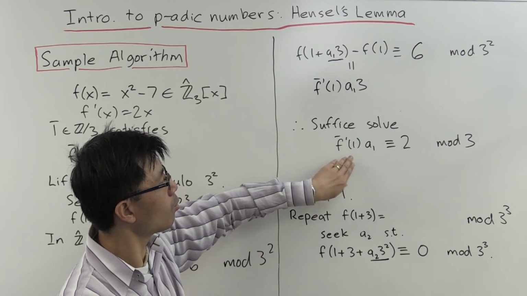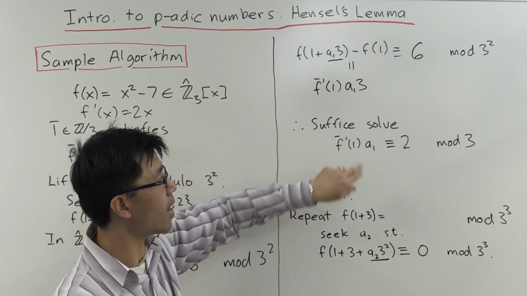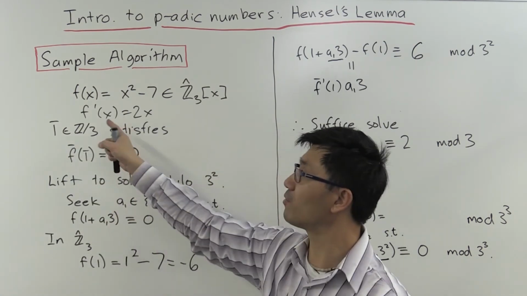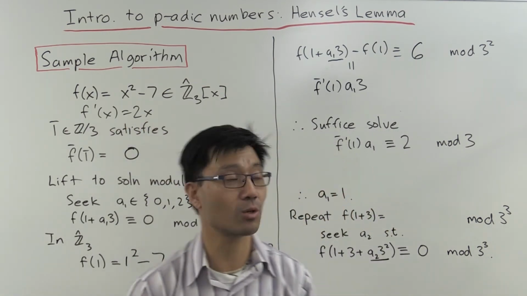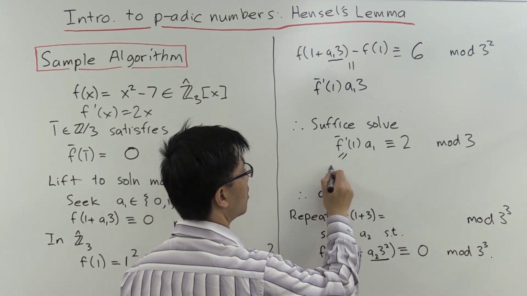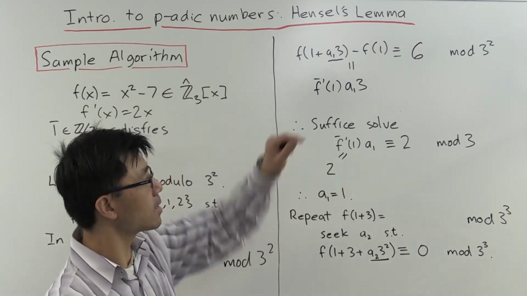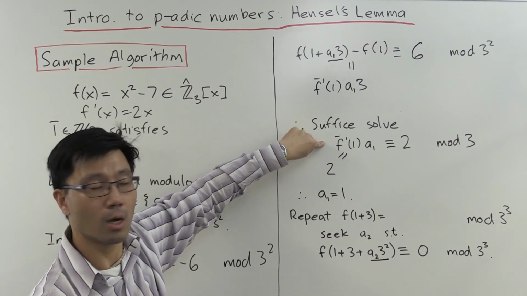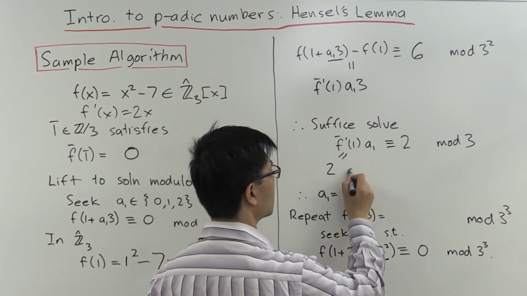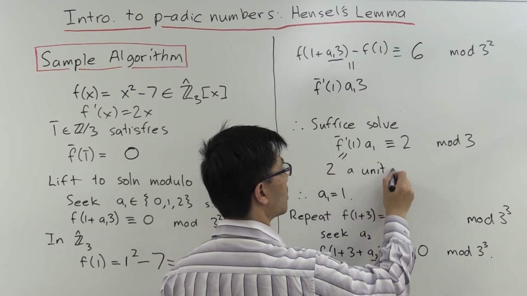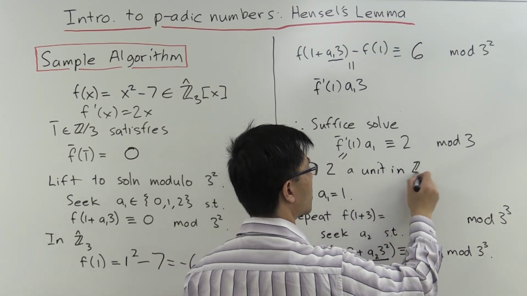Okay, so we'll need to know the derivative of this f at 1 for that. The derivative of f, of course, is 2x, and we're substituting in x equals 1, so that's 2. But the most important thing is that for Hensel's lemma to work, we need this derivative to be a unit. So this is a unit in Z mod 3.